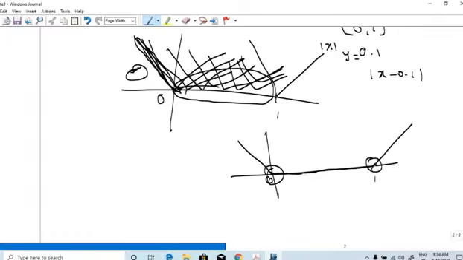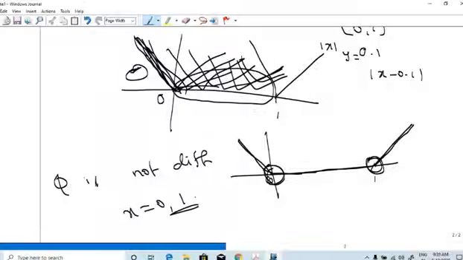For x equal to 1, we get this graph. So this is the graph of phi. Clearly this is a continuous function because there is no discontinuity, and we have two corner points, the two corner edges. Therefore, this phi is not differentiable at x equal to 0 and x equal to 1.